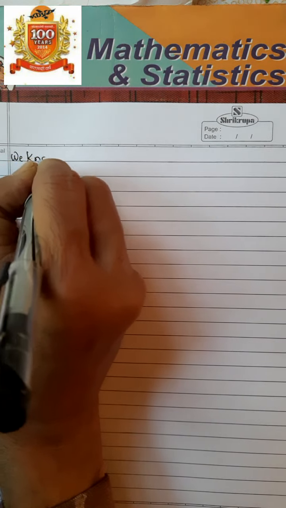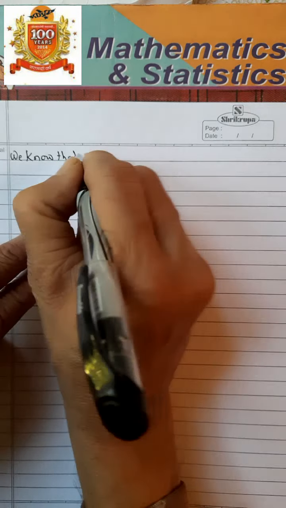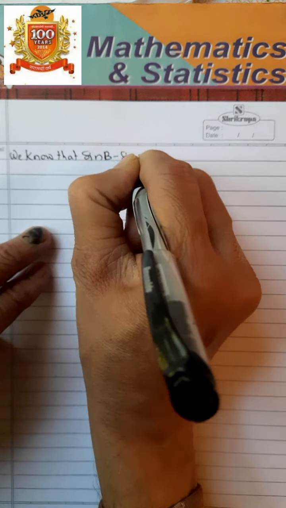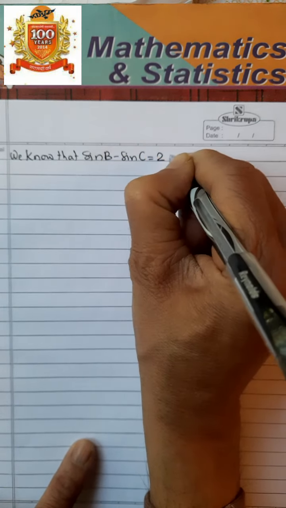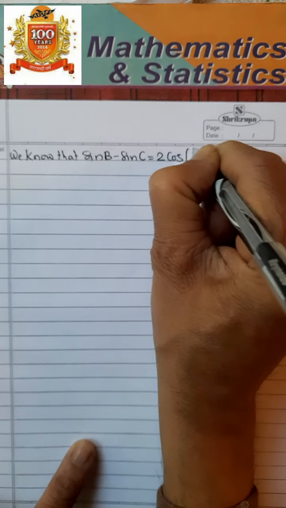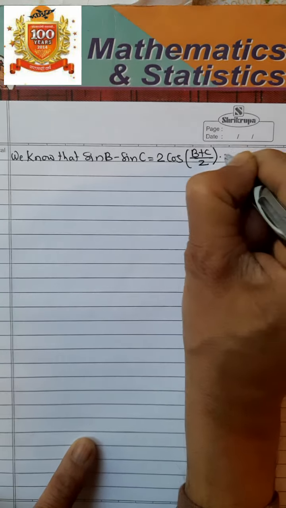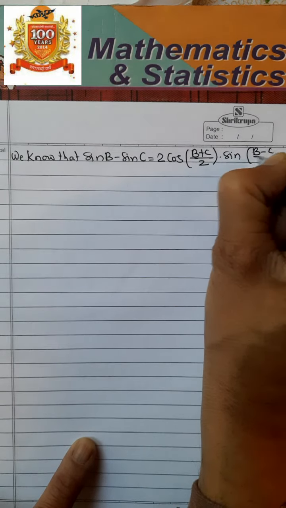We know that sin B minus sin C is equal to 2 cos of B plus C upon 2 into sin of B minus C upon 2.